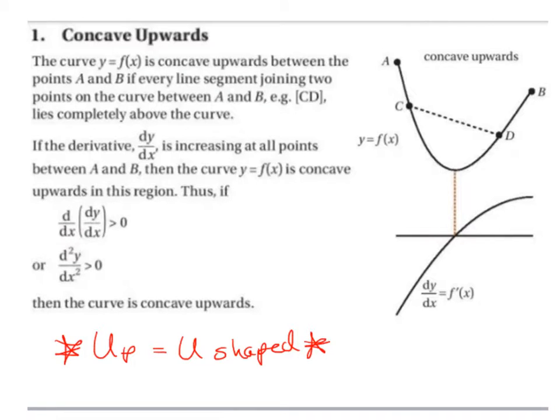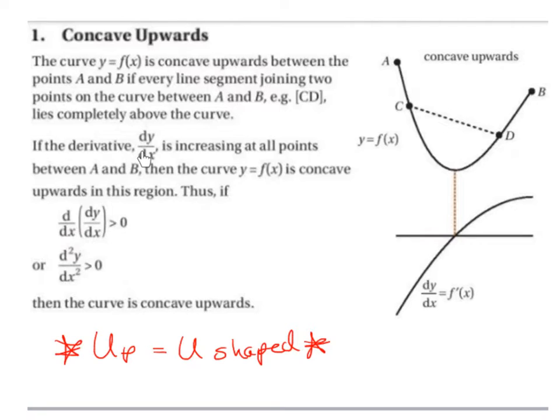And this curve is concave upwards between A and B if every line segment joining 2 points on the curve between A and B, for example C and D, lies completely above the curve. So basically if it's U-shaped.